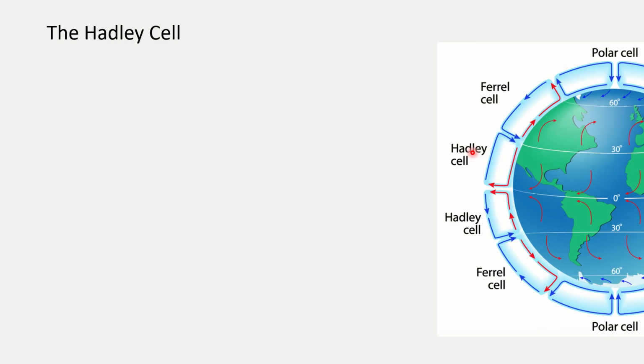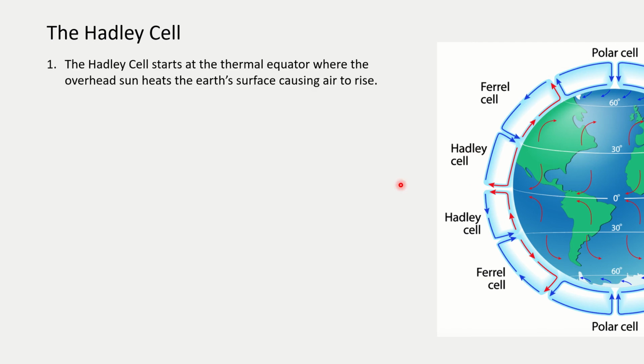So let's start off with the Hadley cell, the first cell nearest the equatorial low. The Hadley cell starts at the thermal equator. The thermal equator is the term we use for where the sun is directly overhead at 90 degrees.